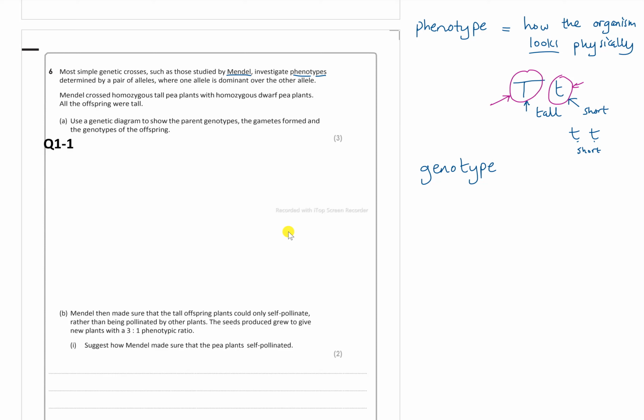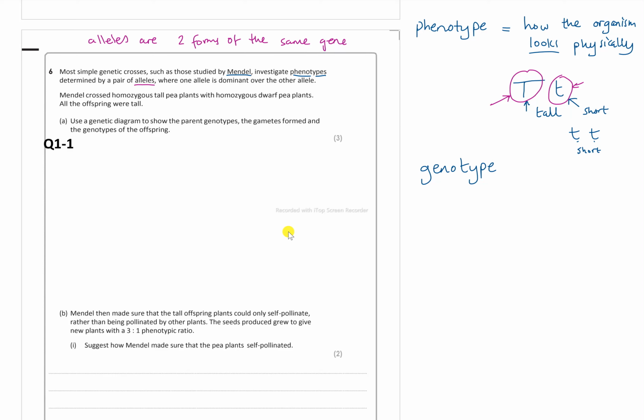Phenotypes are determined by pairs of alleles. So remember what we said alleles were. Alleles are two forms of the same gene. You can look at it that way. They code for the same thing.